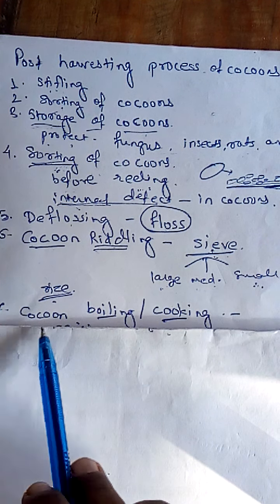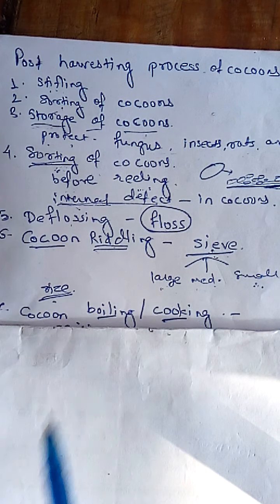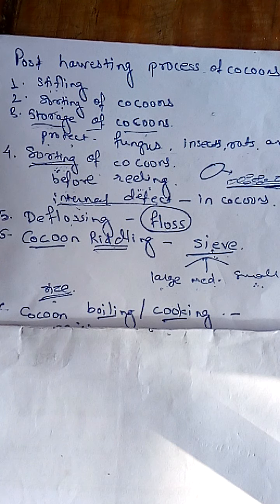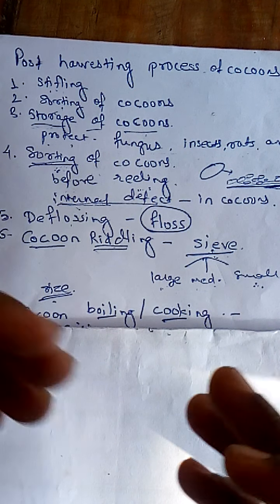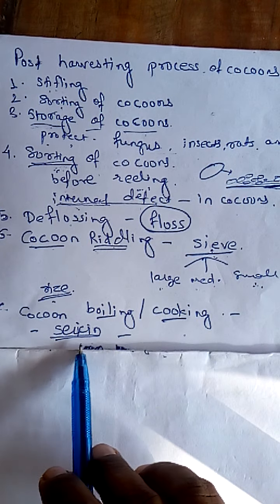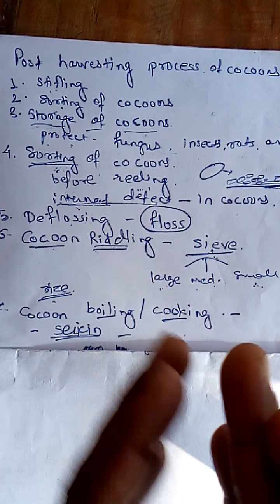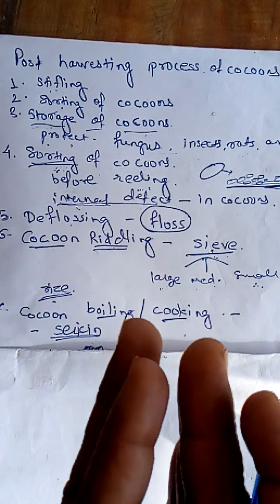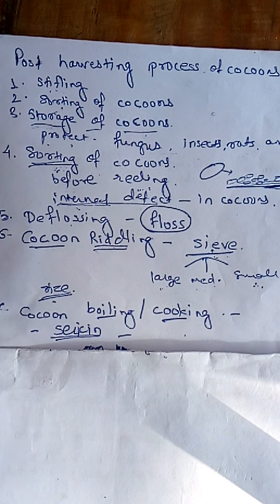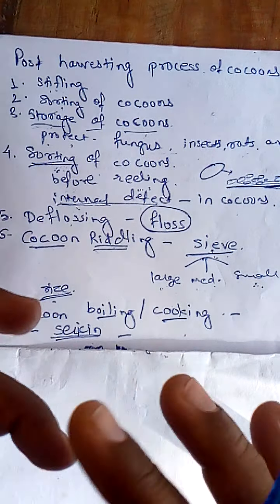This step, cocoon boiling, is also known as cocoon cooking. So the cocoon boiling or cocoon cooking is done to dissolve the layer of sericin. See this, due to the sericin layer, what happened? Gummy or sticky nature is created, and due to that stickiness, the threads get attached with each other.